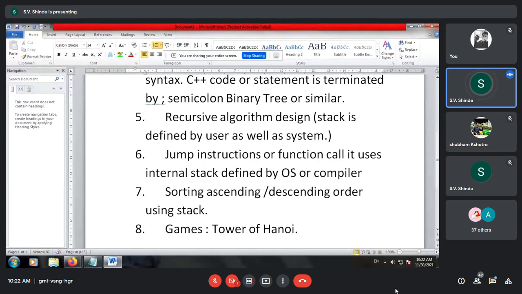Now what does this game imply? The person who finishes the development of the tower in the minimum number of moves can be declared the winner. The puzzle can be solved by anyone, that is, Tower of Hanoi, but the one who uses the minimum number of moves will be declared the winner.